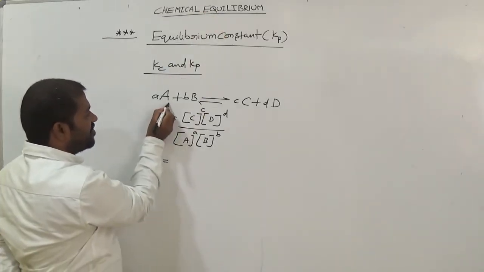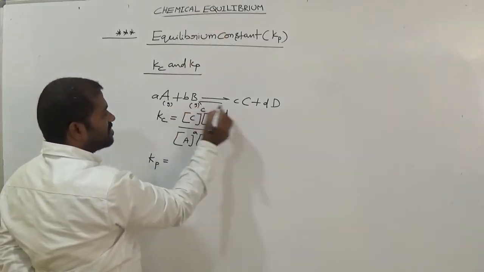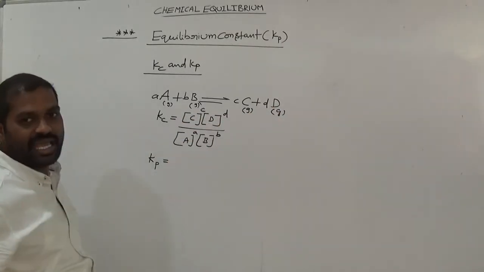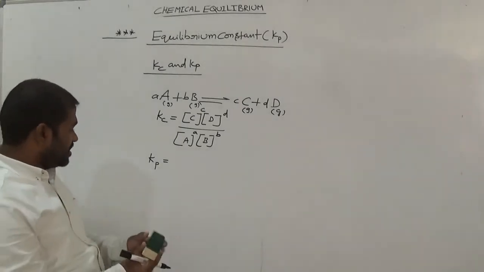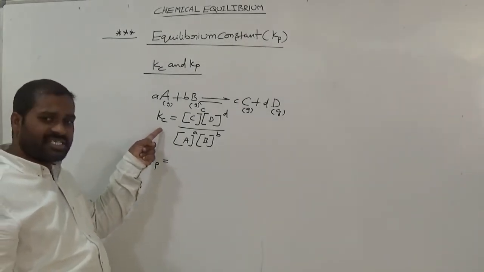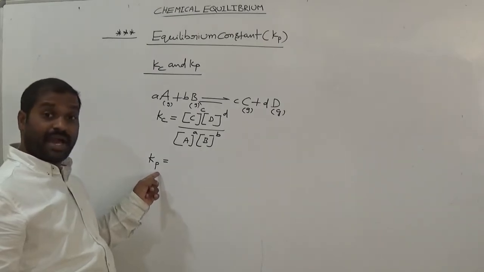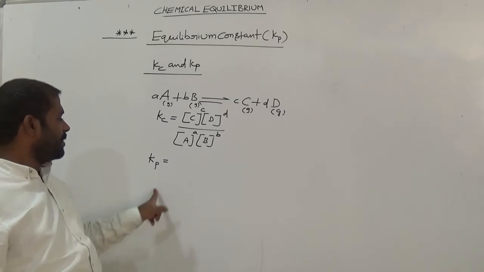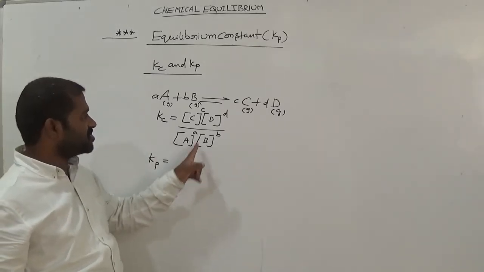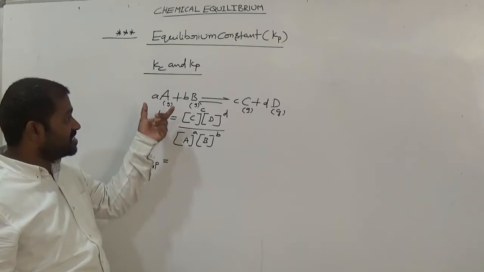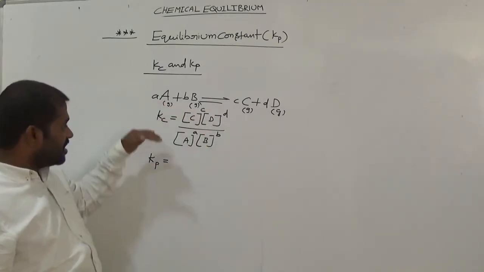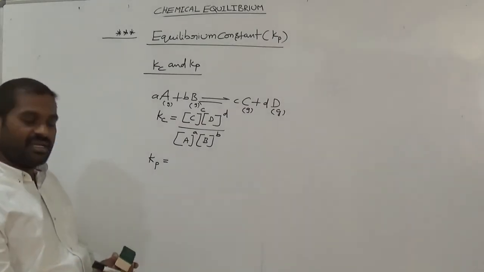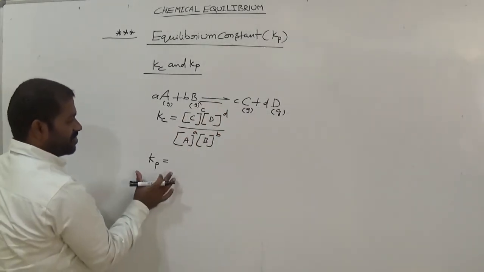Suppose this is a gaseous chemical equilibrium, that means all the reactants and products are in the gaseous phase. Then concentration can also be written as partial pressure, since a gas has pressure. So we can convert these concentration terms to pressure.